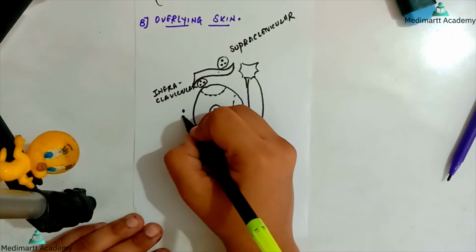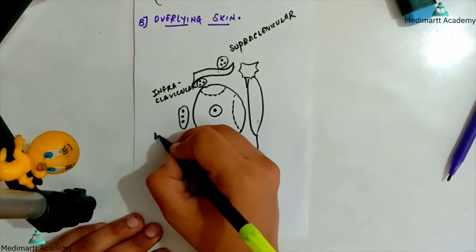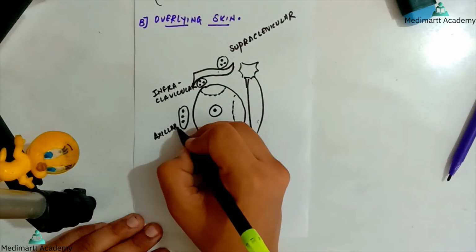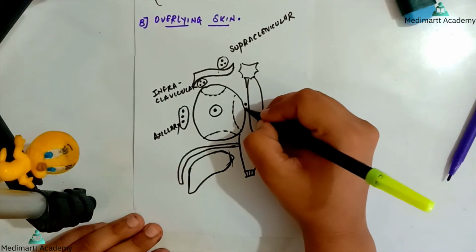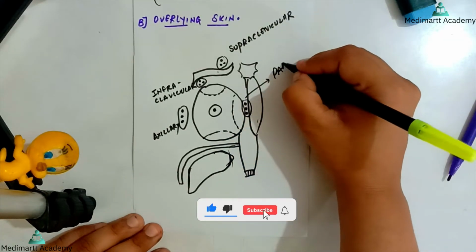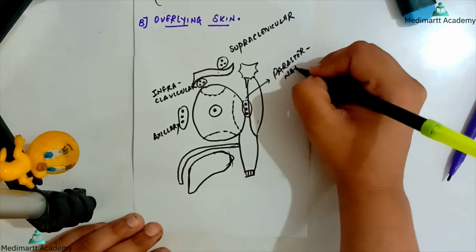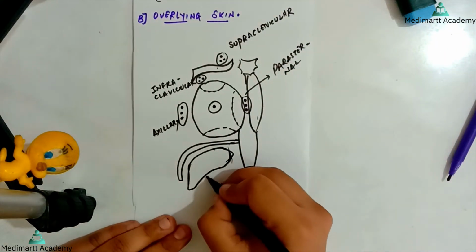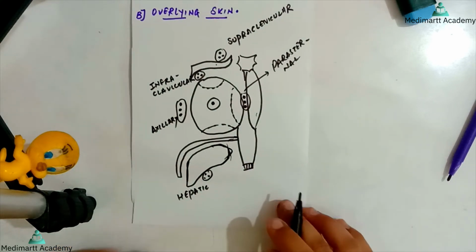Here, obviously, what lies lateral to the breast is the axilla. So these will be the axillary nodes. Between the sternum and the breast will be the parasternal nodes. Parasternal nodes. Okay, below the liver will be the hepatic nodes. Hepatic node.